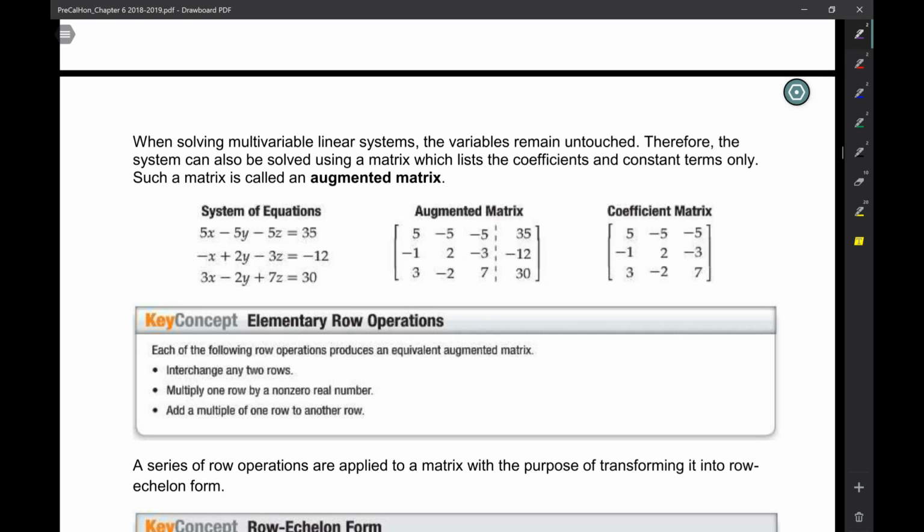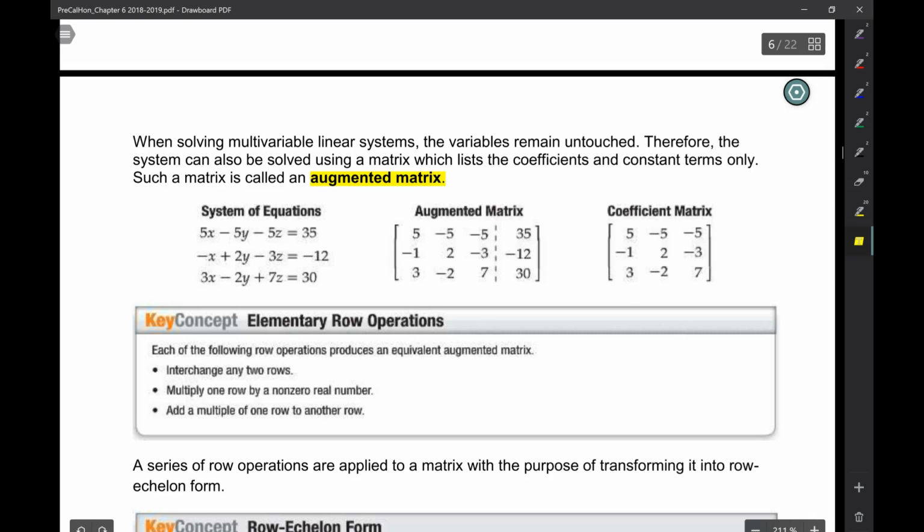So when solving this, we can use what we call an augmented matrix, all right? So here you've got the system of equations right here. This is the same one that we just solved. Here's the augmented matrix. So the augmented matrix has on the left-hand side all of the coefficients from here. 5, -5, -5, and so on. Do you guys see that?